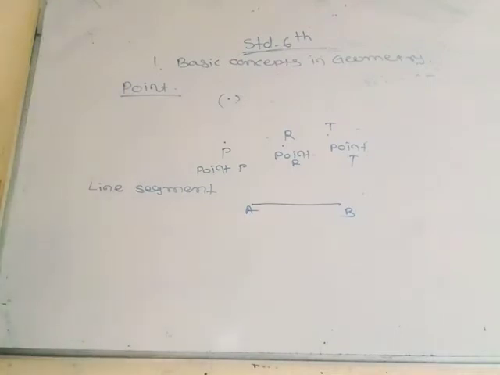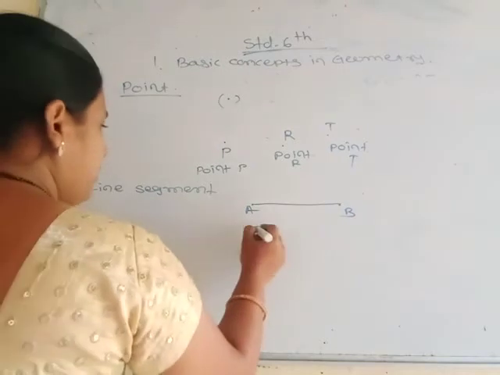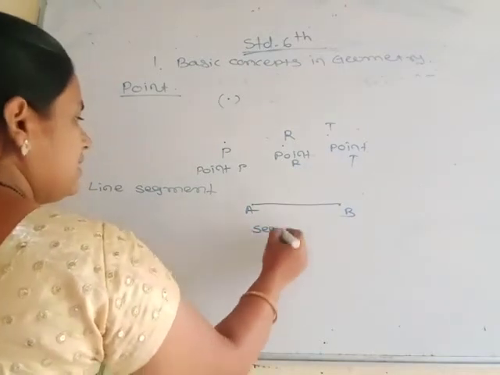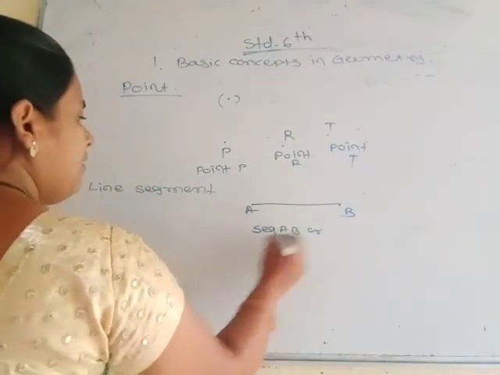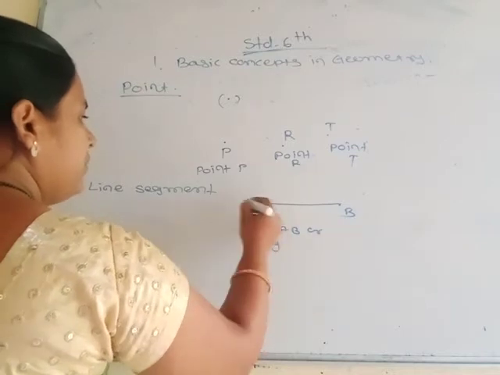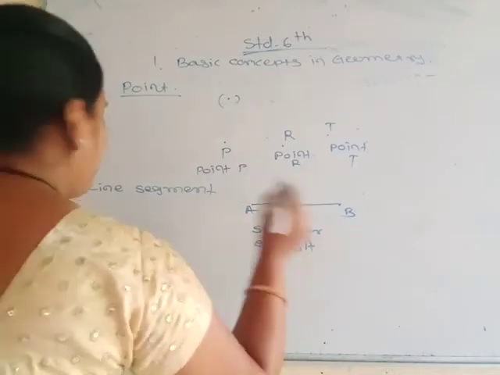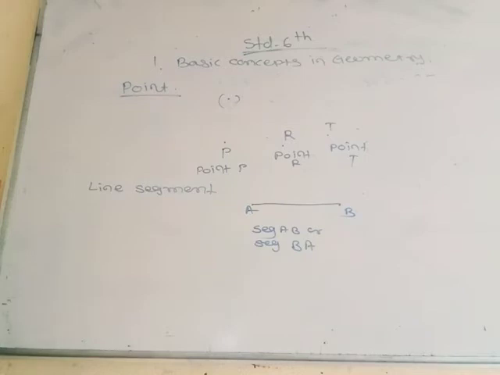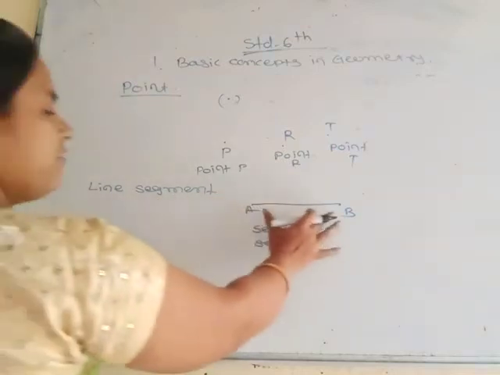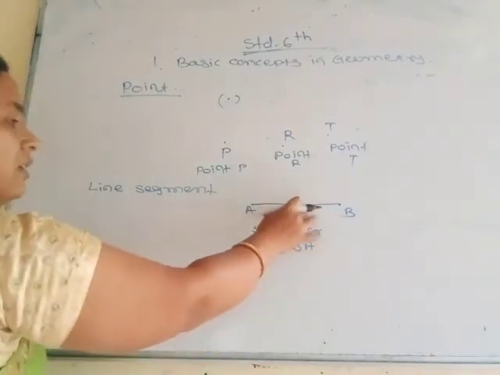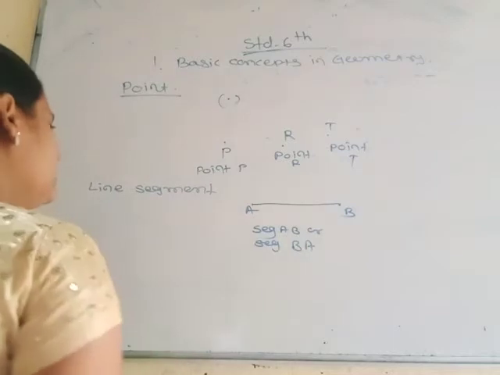Line segment AB is written in short form as seg AB, or segment BA. A line segment has a definite length. In short, when two points are joined, we form a line segment.